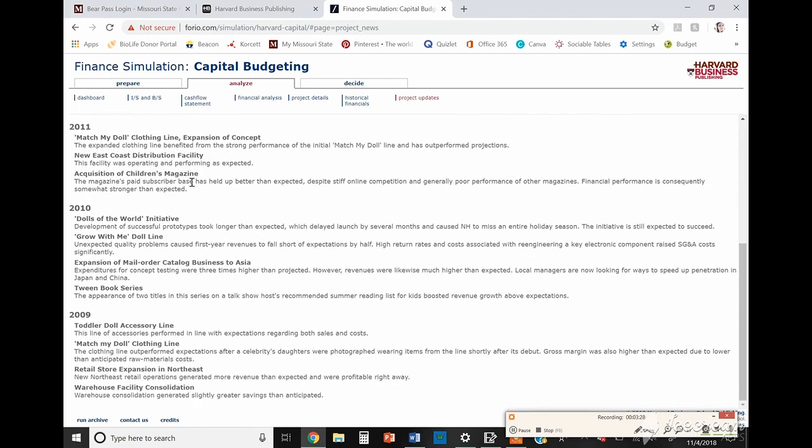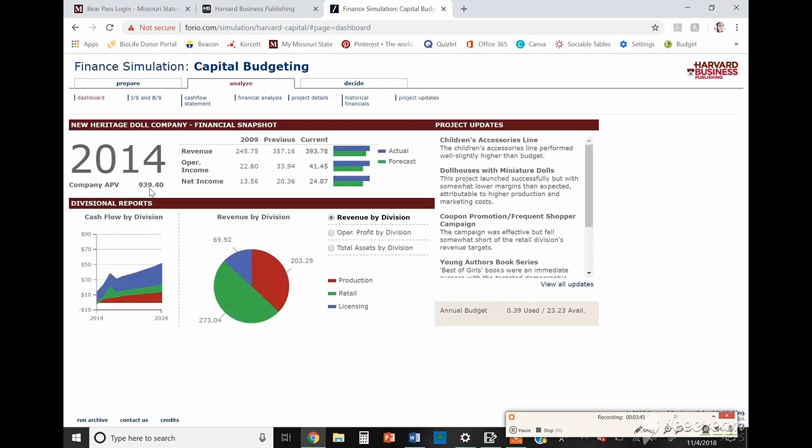Moving on to the impact of capital rationing on investment. Basically, this is how your budget affects your ability to make decisions. I think it's all about your strategy because in the beginning we had an unlimited budget and my APV, rather than being this high, was only about 500 or so.